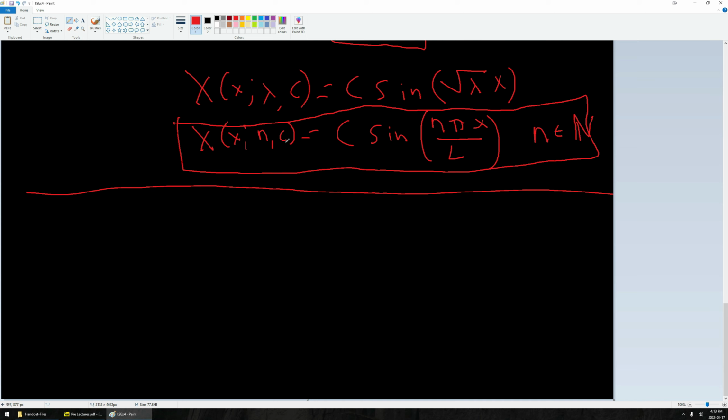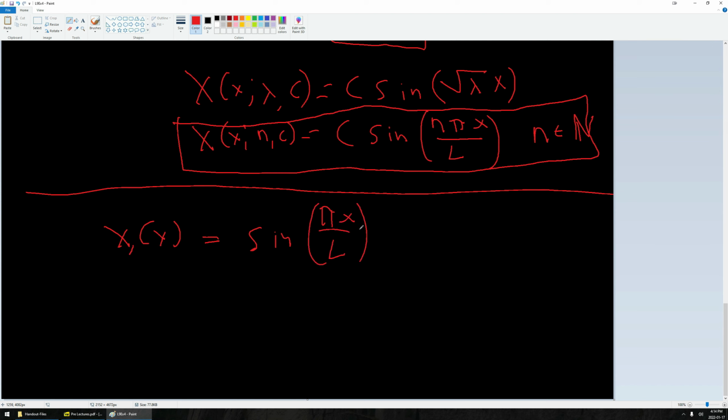The C, if you just scale it, just scales the amplitude, so that's not particularly interesting. But if I just look at X of x with n equal to 1, and C doesn't matter here, instead of that notation I'm going to use X_n of x. This thing would simply be sine of pi x over L, right?